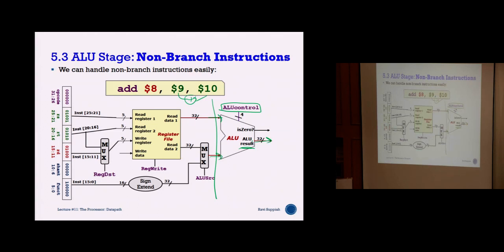The result is readily available. The ALU control will be generated by the control unit. This control unit looks at the opcode and the function field of your 32-bit instruction, and then decides what ALU control bit to send over.